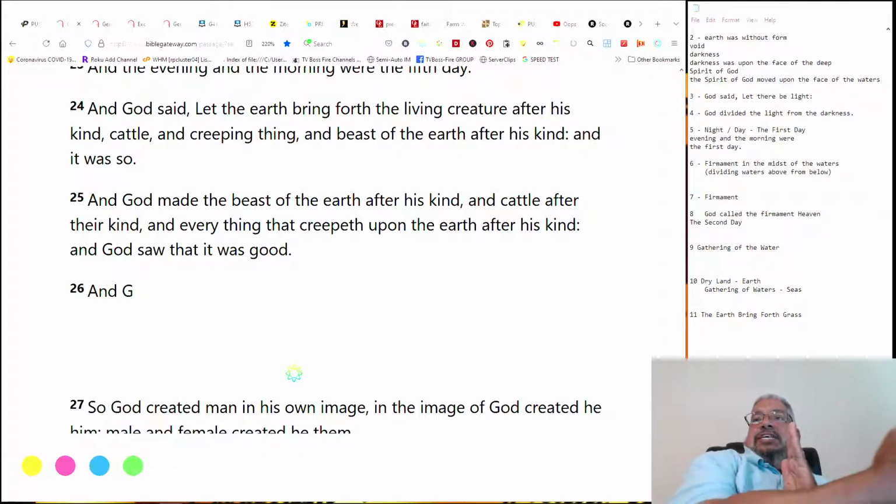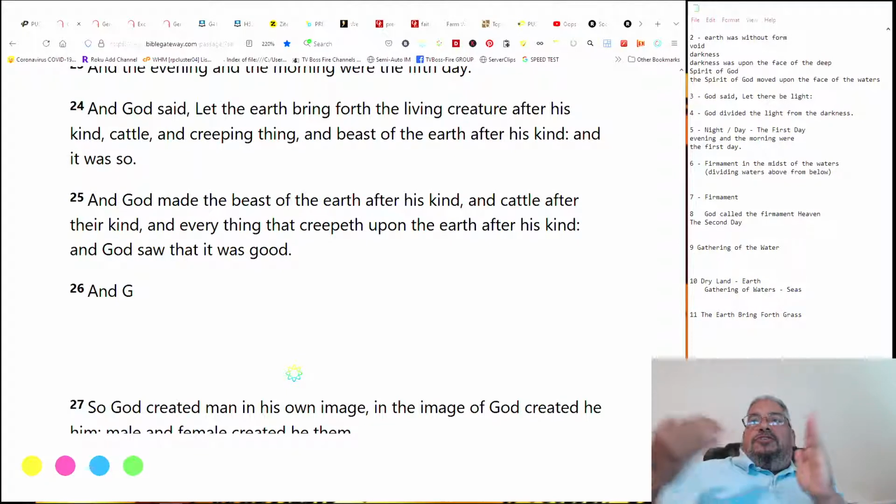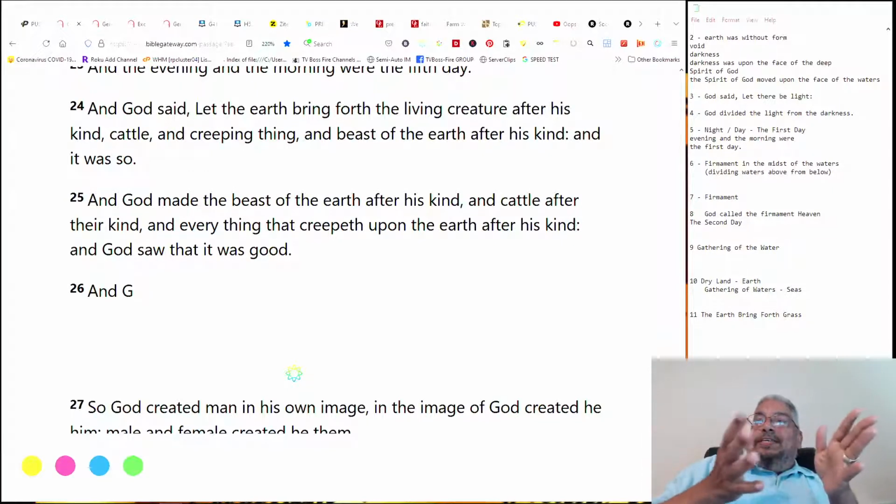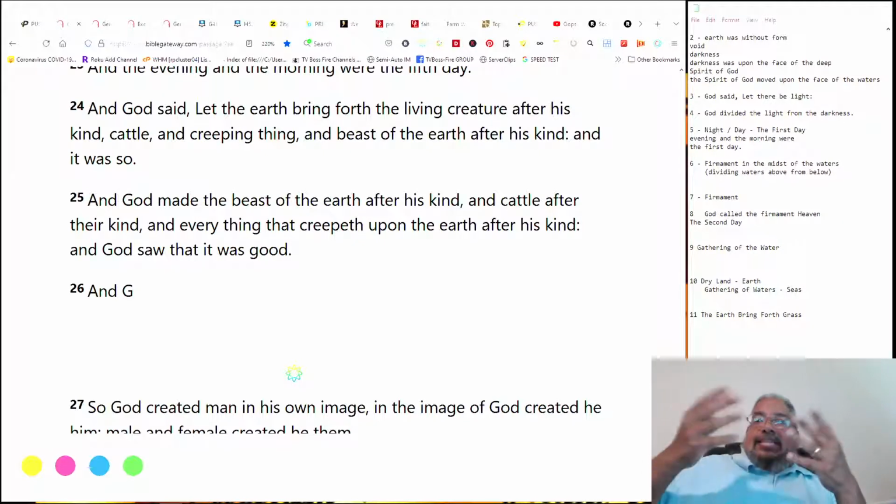But we will see a gradual development, which for all intents and purposes is man, until we have this gap, and then we have man. I don't know where the gap is. We still have to go digging someplace, but that's what we would see, and that's exactly what we see.